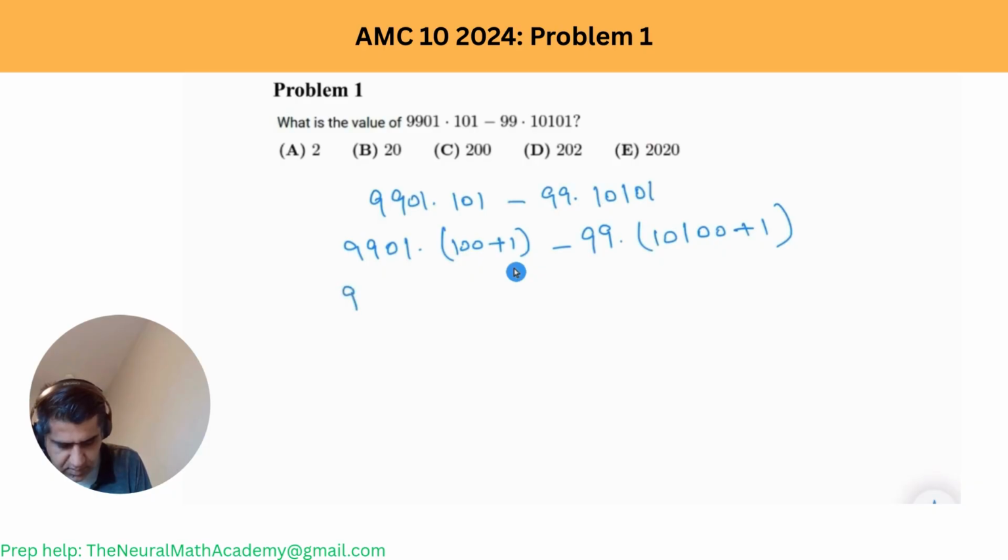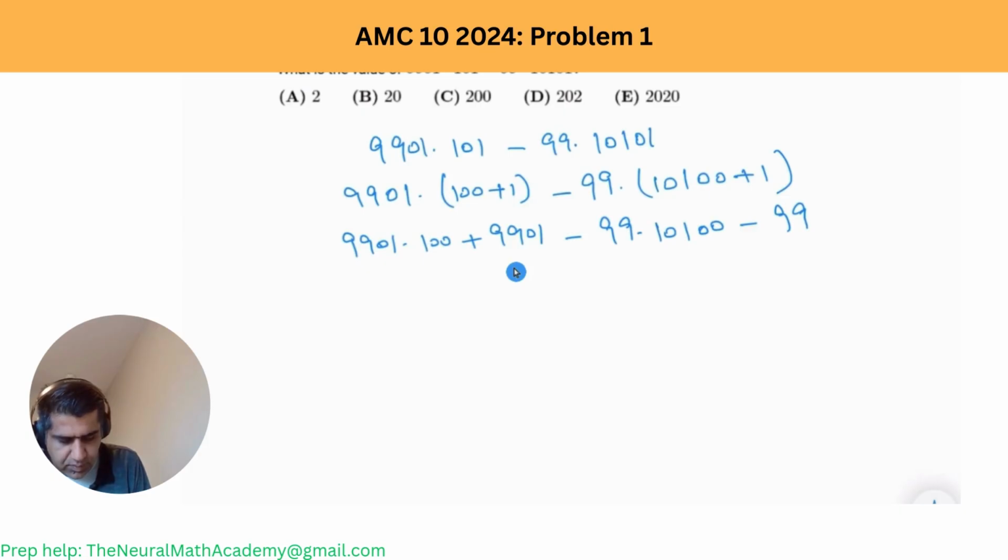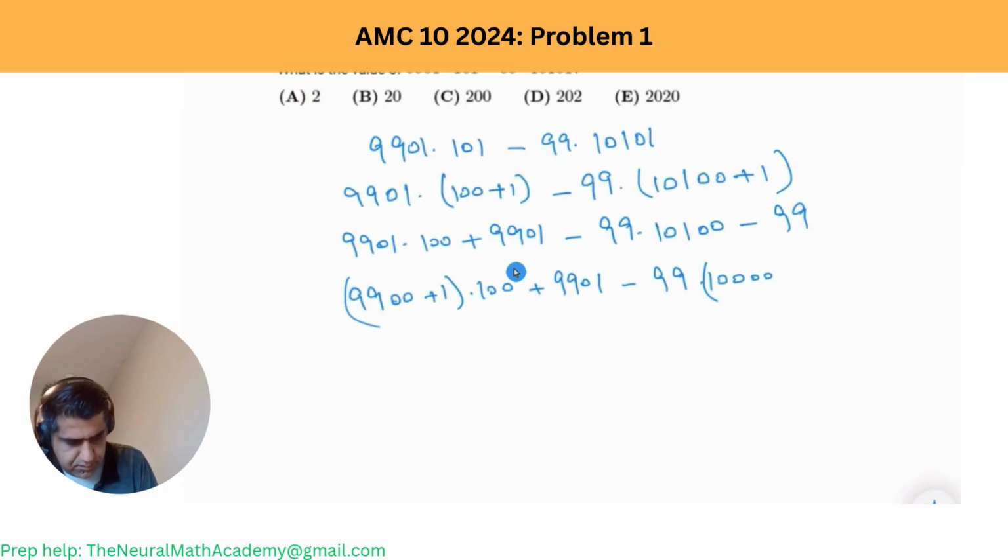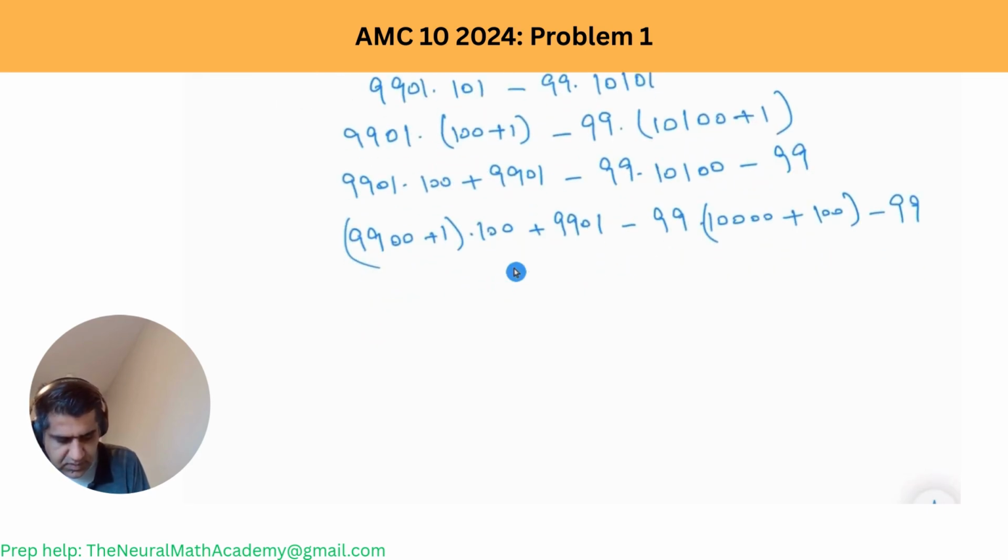Now I will write it. And then I will apply the distributive property again. And then I can multiply.